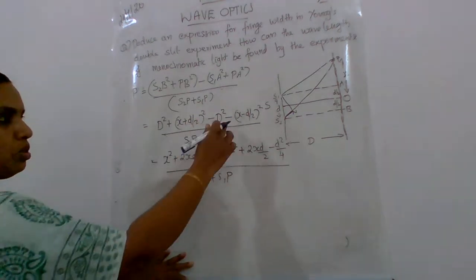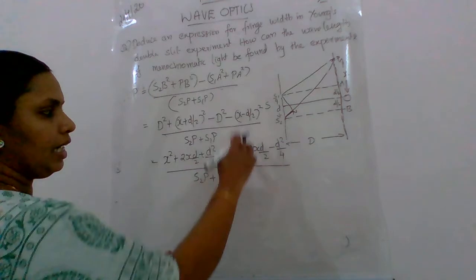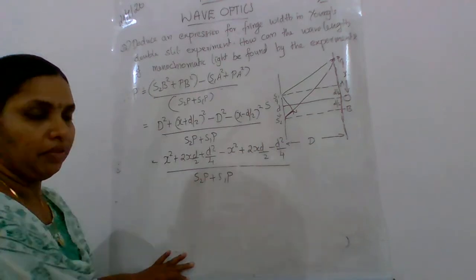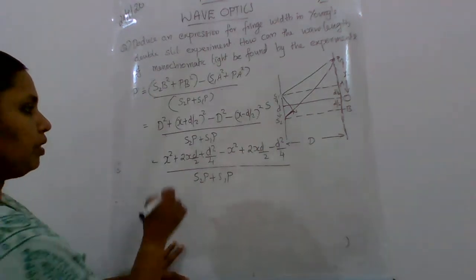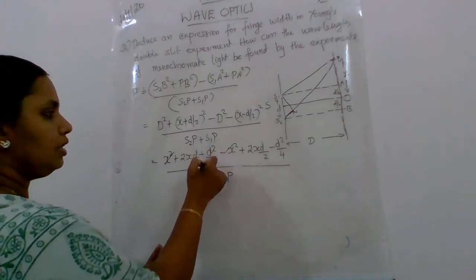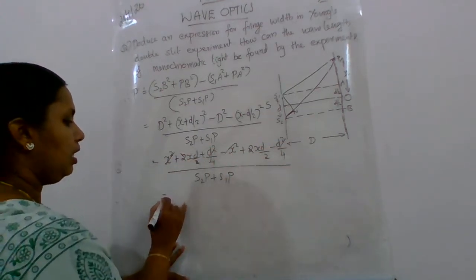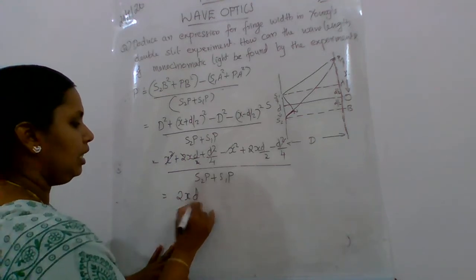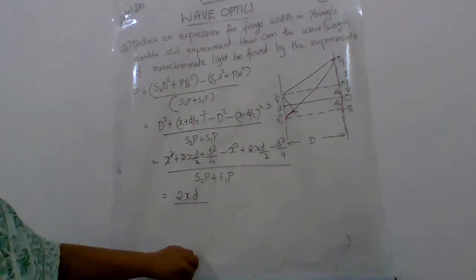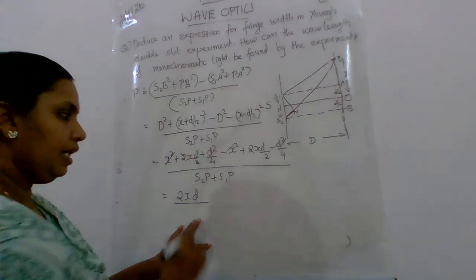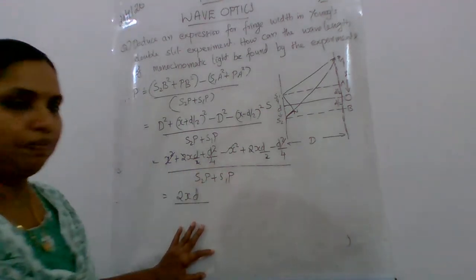This is A plus B the whole square, A minus B the whole square. Your negative sign is there, so accordingly we have to substitute the sign. So this x square cancels, D square by 4 cancels, 2 cancels. So what is remaining? It is 2xd divided by S2P plus S1P.